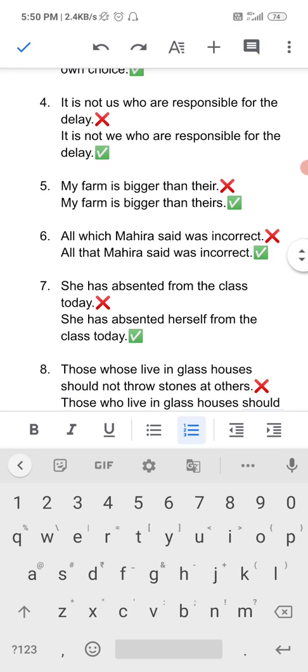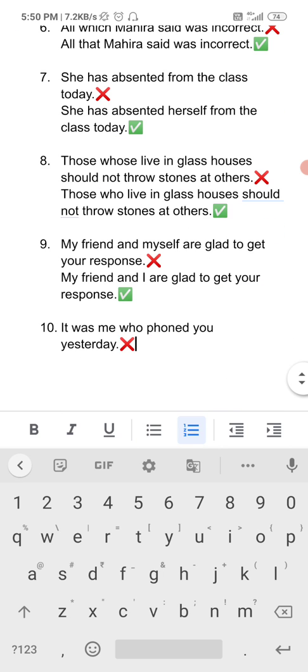So likewise, we have to use here it was I, because the sentence begins in it is followed by the be form was, and the be form was is followed by the pronoun me, that is the accusative form of I, which is wrong.